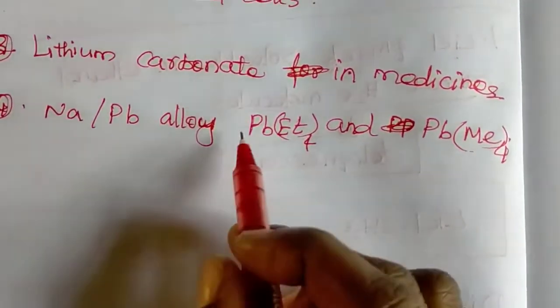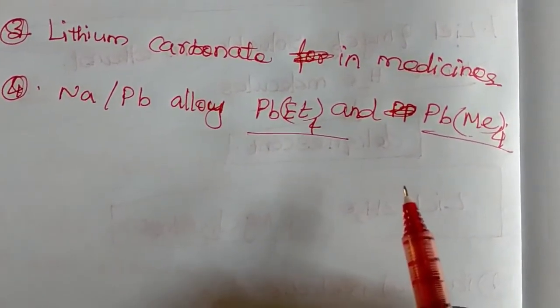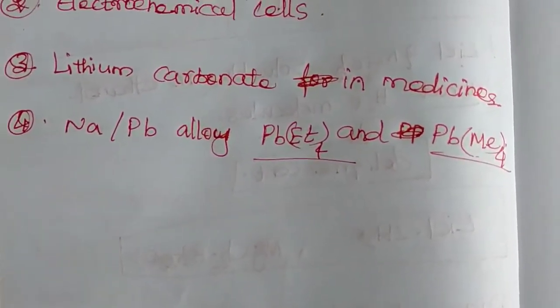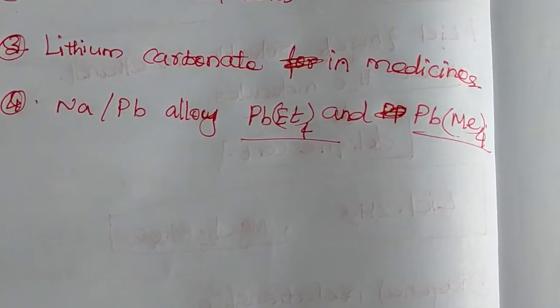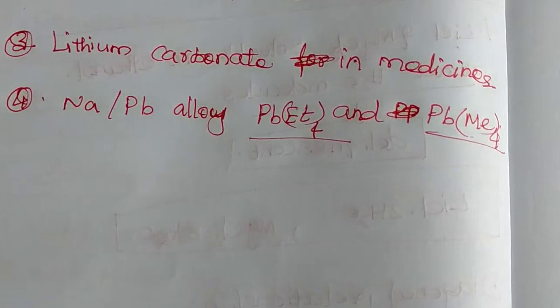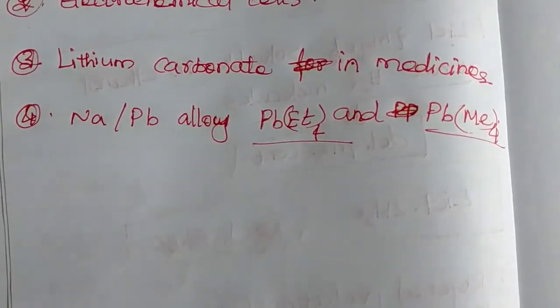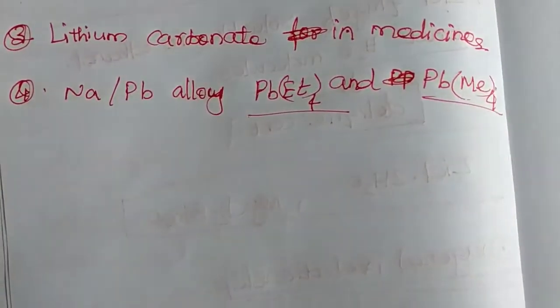These organo-lead compounds were used as anti-knock additives in petrol in the previous days, because the lead component is not removed from the petrol.